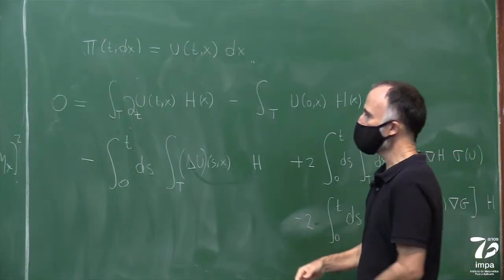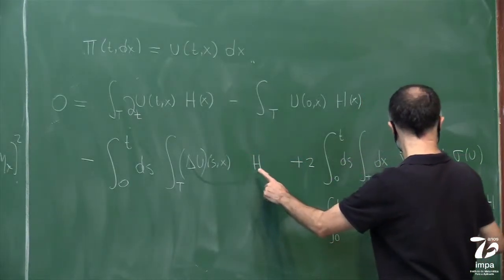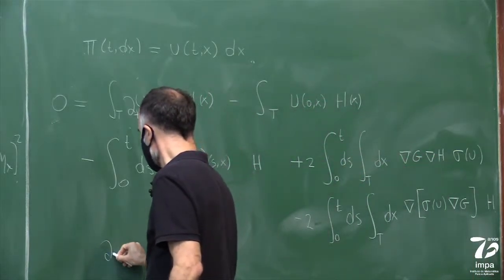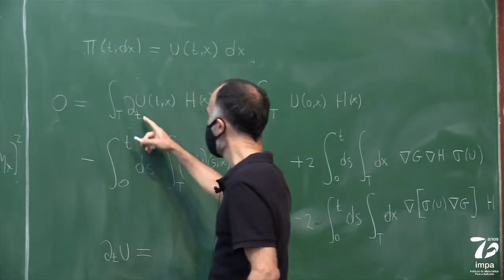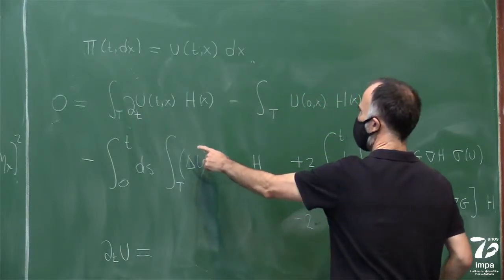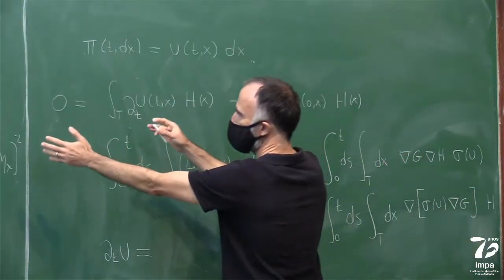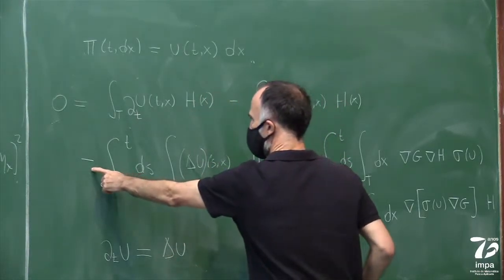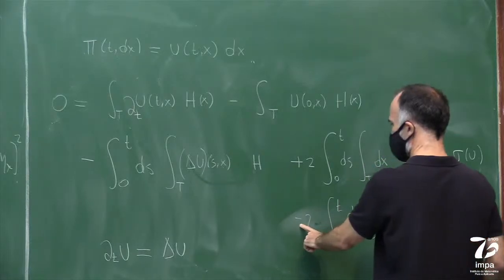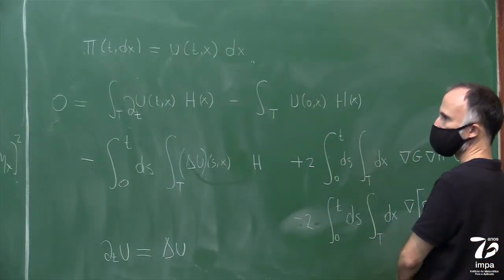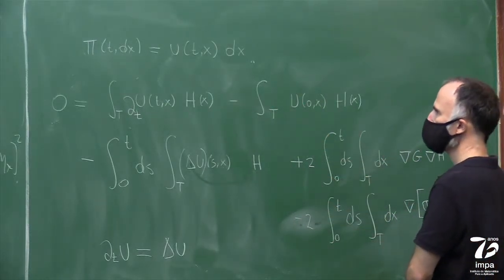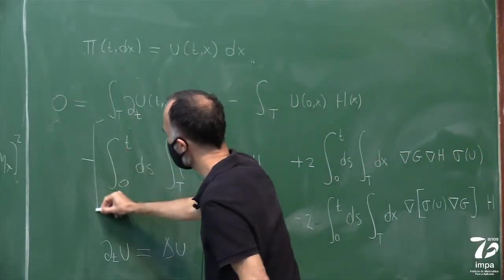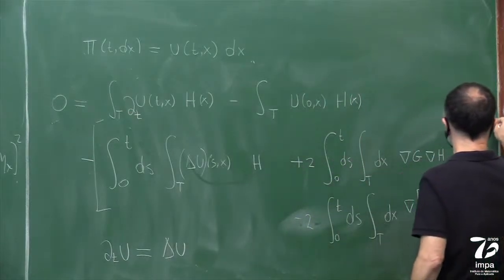And since this is true for all h, it means that dtu is equal, this is 0, so let me put that on the left-hand side. So this is equal to Laplacian u, because I have a minus sign here. Here I have a minus. Yeah, but this is minus. Sorry, it's a minus for everything.